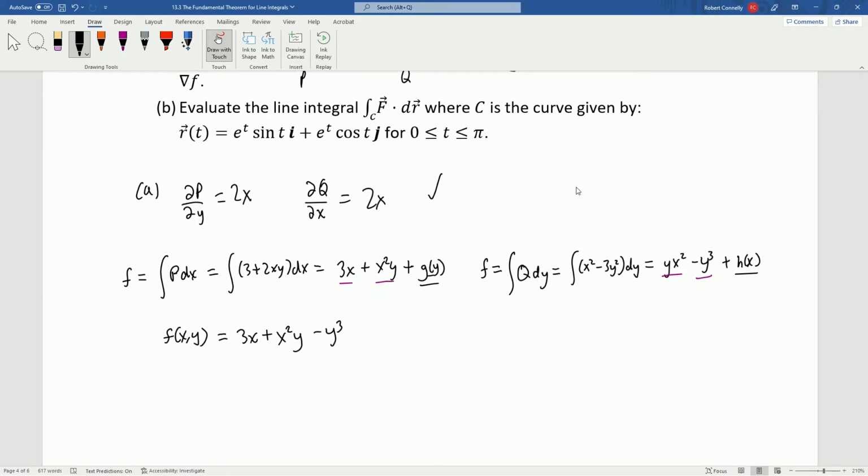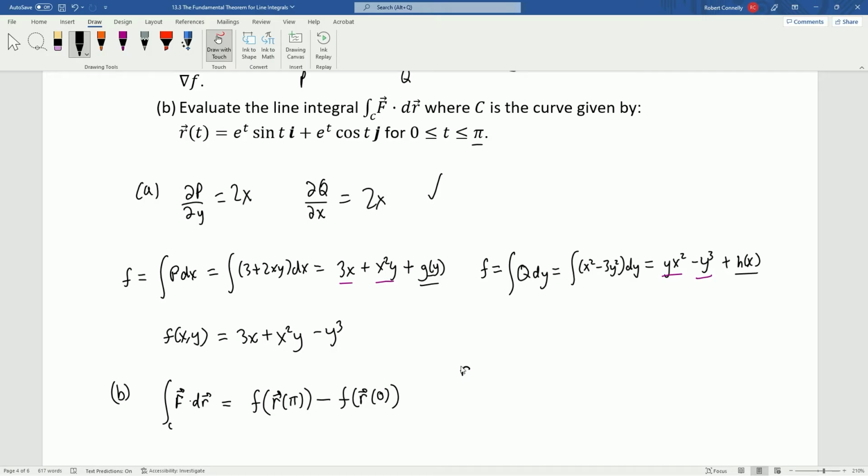So now let's tackle part b. So we want to integrate over C of F dot dr. But we know that this is equal to little f of r of, in this case, our endpoint for our curve is pi, at pi, minus f of r of 0.